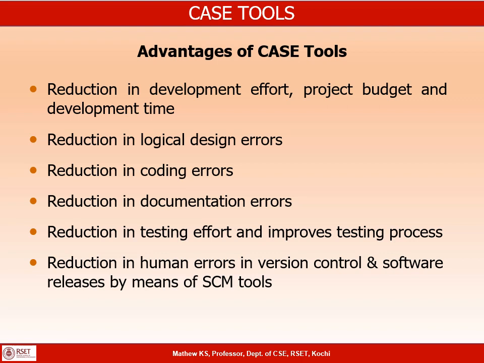So coding errors can be reduced. Documentation: when you use automated tools for generating documentation like the SRS and design documentation, errors can also be reduced. Reduction in testing effort: when you use automated testing, the effort and time taken in testing can be reduced.